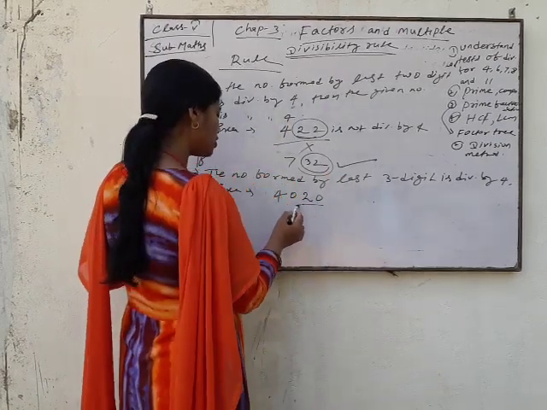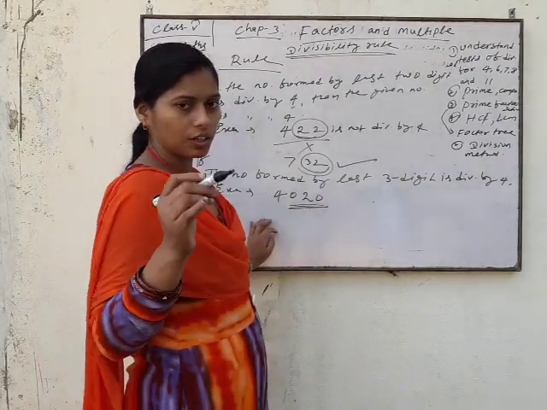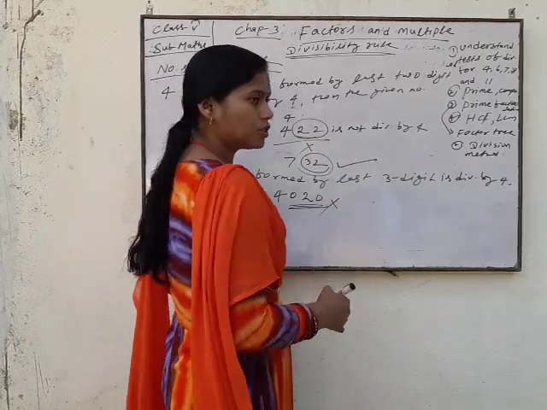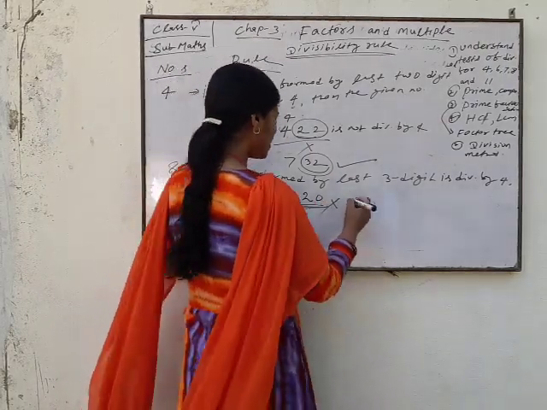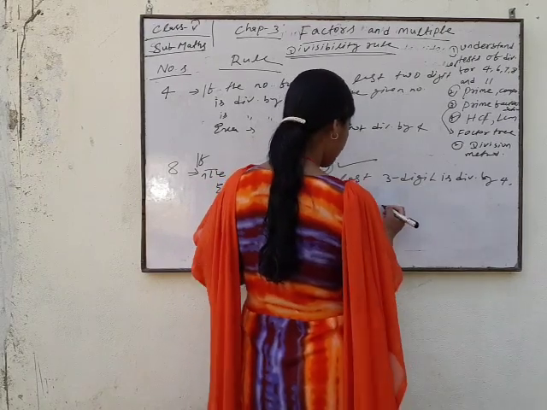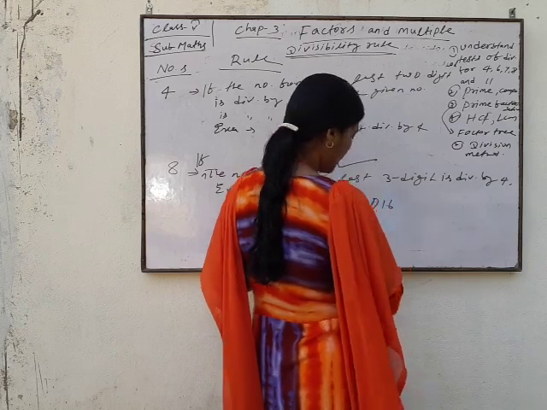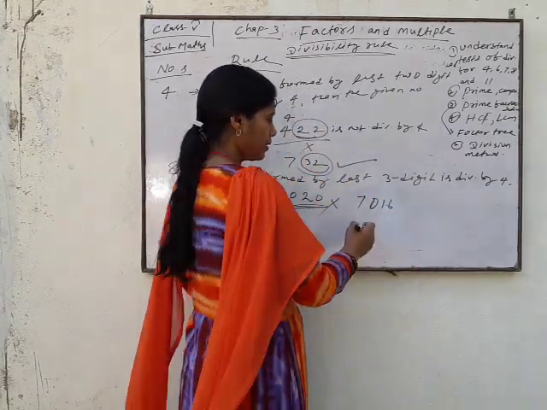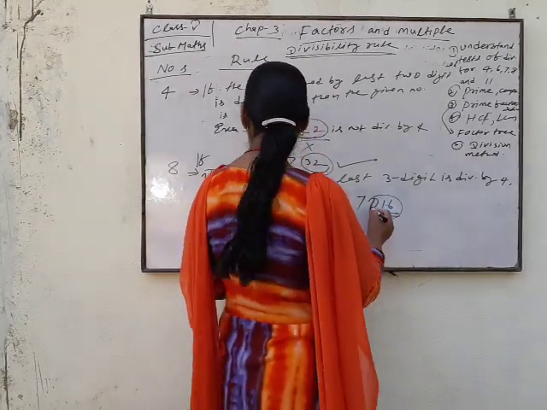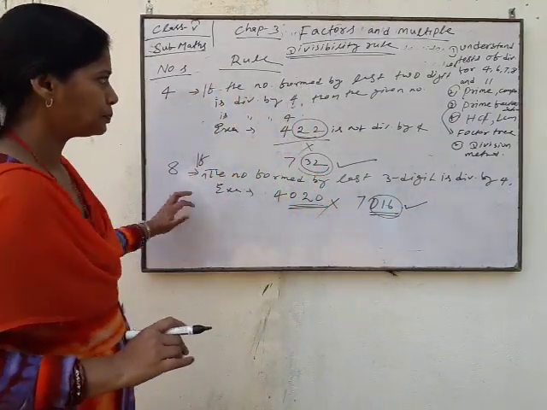The last three digits are 020, that is 20, and 20 is not divisible by 8, so this number is not divisible by 8. One more example, 7016. The last three digits are 016, and 16 is divisible by 8, so this number is divisible by 8.